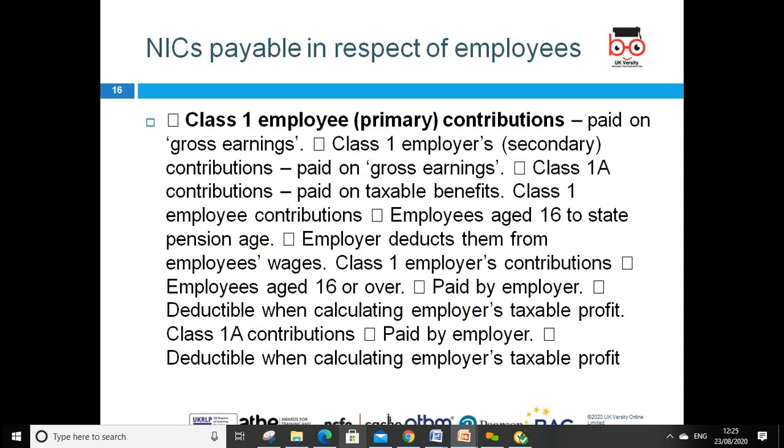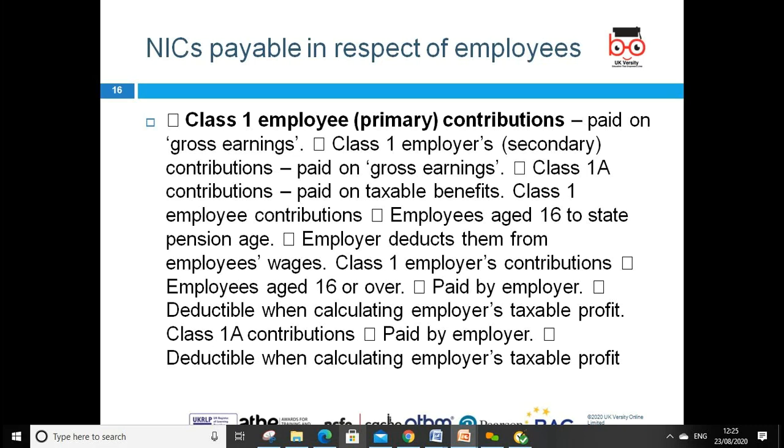National insurance is paid on the gross income. It can be Class 1 employee's contribution paid by the employees, Class 1 employer contribution paid by the employer, and Class 1A contribution that can be paid by the employer. So we'll go through all these examples. Class 1 employee's primary contribution is paid on the gross earning, Class 1 employer's secondary contribution is paid on the gross earning, Class 1A is paid on the taxable benefits.